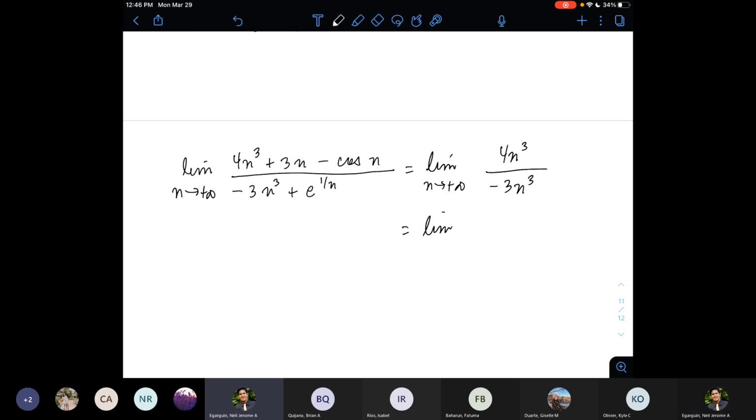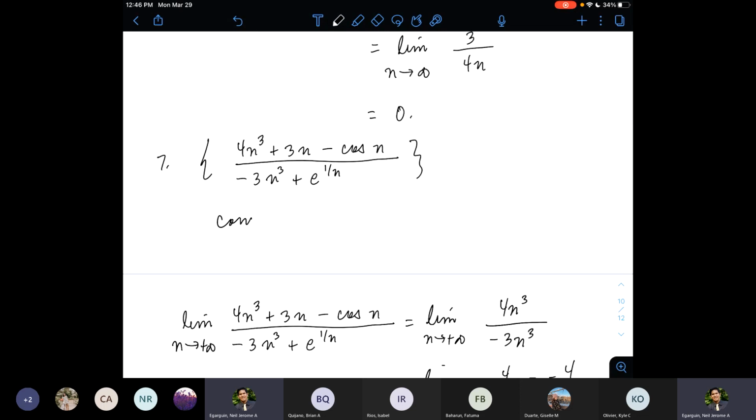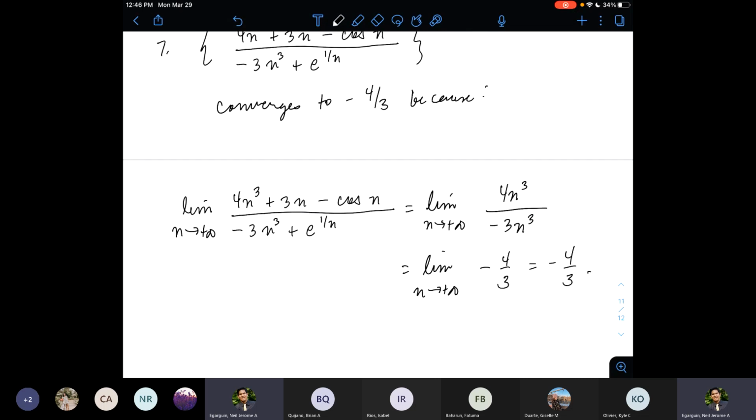And so if you simplify the sequence, in the long run it will just behave like -4/3 because the n cubes will cancel each other out. So the limit would be -4/3. So this converges to -4/3 because of that argument.